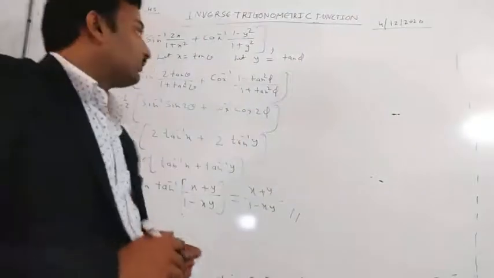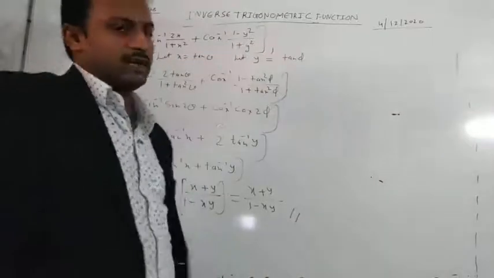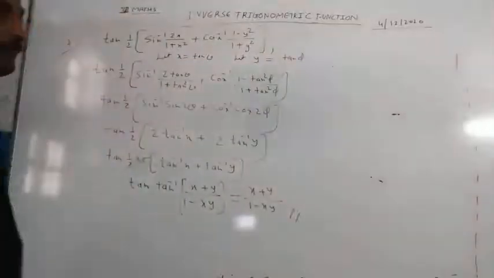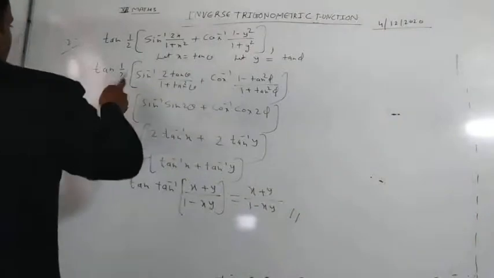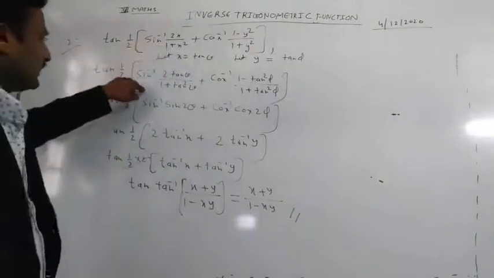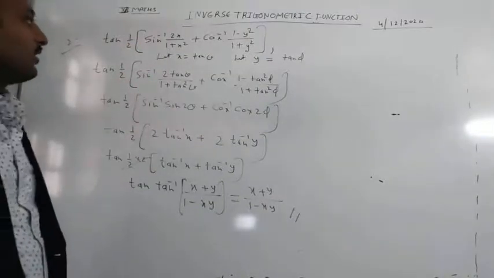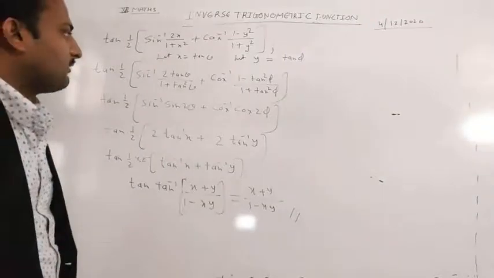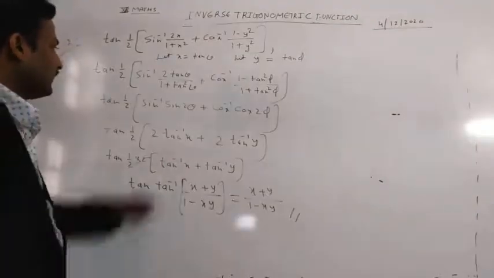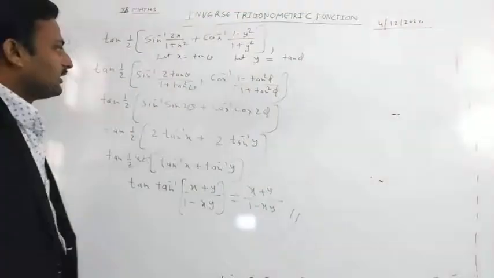Okay. So what we have done, we have taken x as tan theta and y as tan phi, and now we are solving this and putting the value of x here. So we are getting sin inverse of 2 tan theta upon 1 plus tan square theta, cos inverse of (1 minus tan square phi) by (1 plus tan square phi), and this will reduce to sin 2 theta and cos 2 phi.